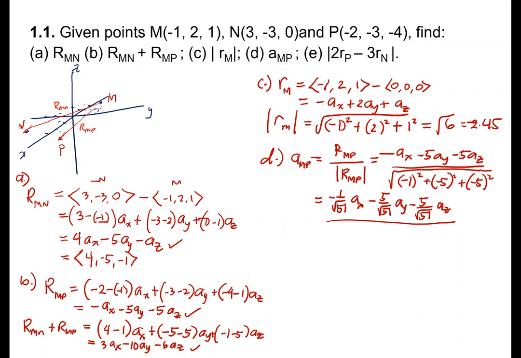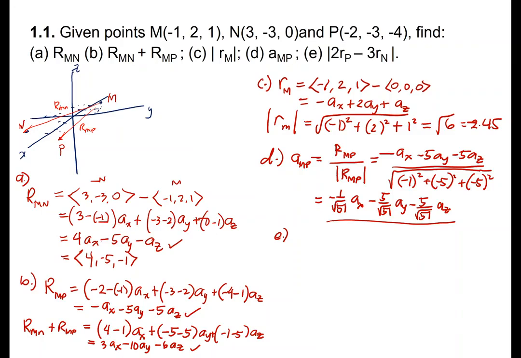And then the last problem, we have the magnitude of the difference between 2RP and 3RN. This one is a basic operation. First we need to solve for 2RP and then 3RN. We already know how to get RP.